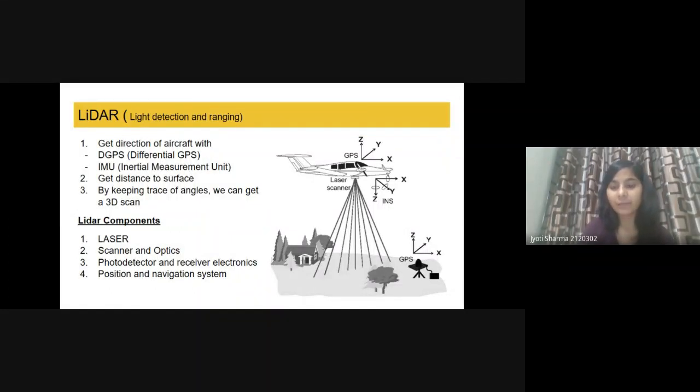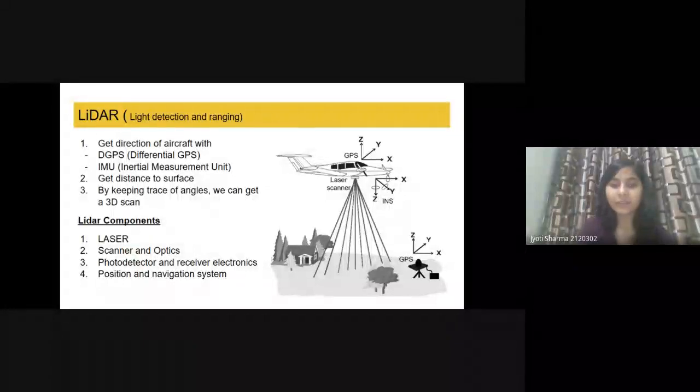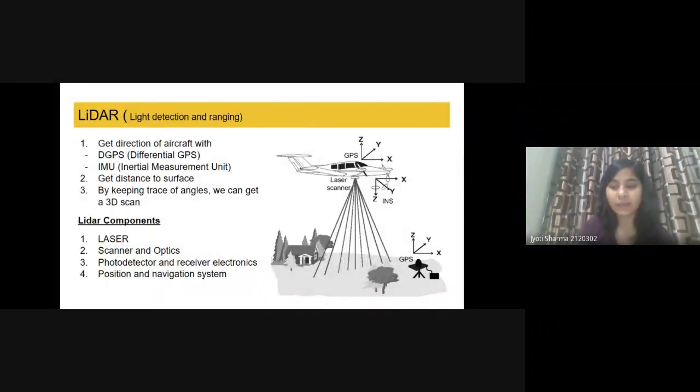The second is IMU. I haven't explored much about this IMU. If you people know that, you can tell me. Based on this laser scanning, first we estimate the coordinate where the object is.